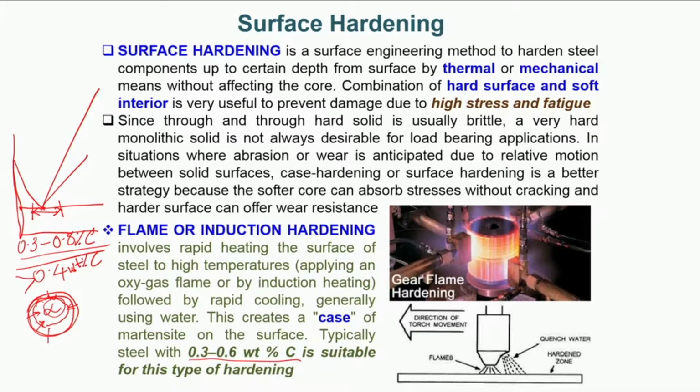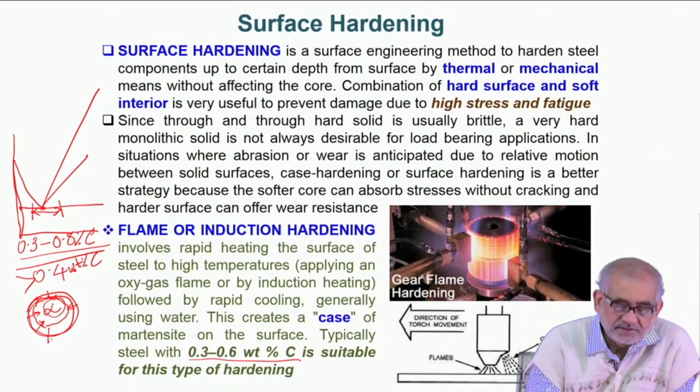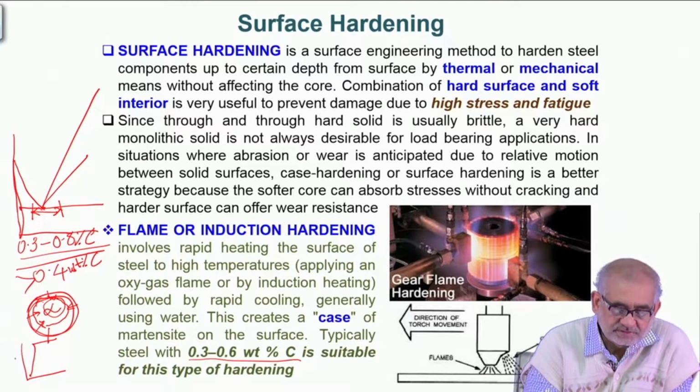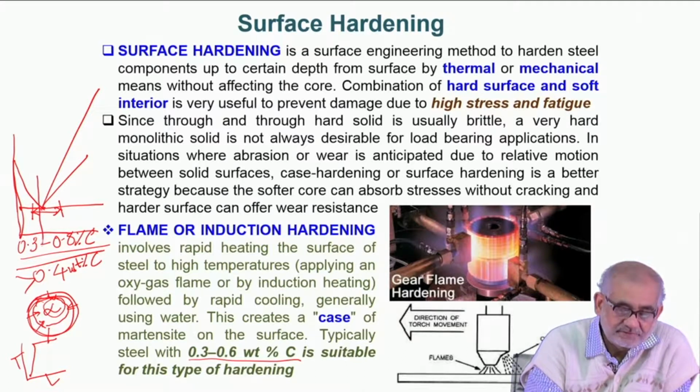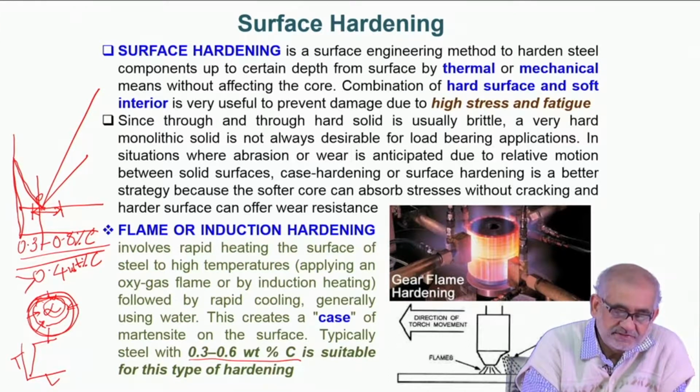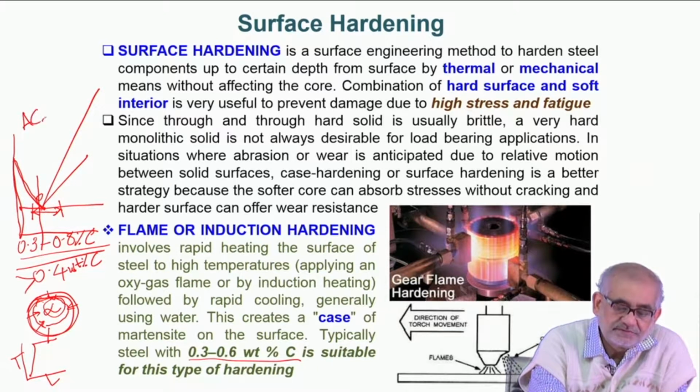Because of transient heating, the surface should experience a heating cycle, with temperature against time. We want the surface to reach a fairly high temperature. If this is AC3, the ferrite to austenite transition line, we would expect a temperature of AC3 plus about 50 degrees centigrade. This is the austenitizing range.